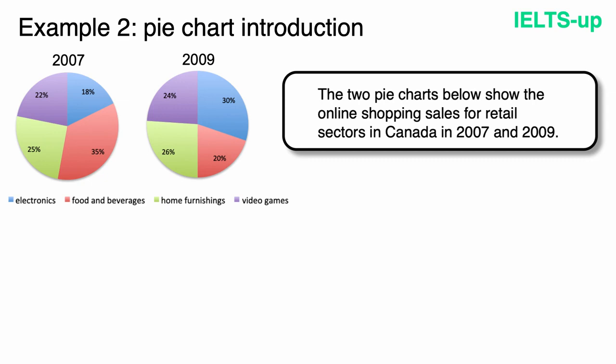In this task, you need to describe pie charts. Let's try to write an introduction for this task. As usual, we'll start by reading the question card. The two pie charts below show the online shopping sales for retail sectors in Canada in 2007 and 2009.